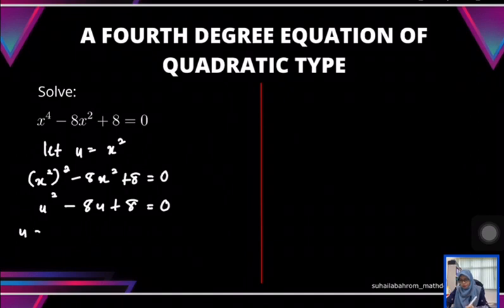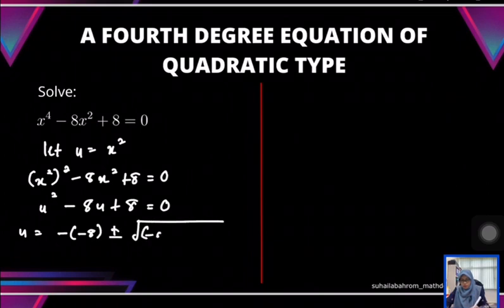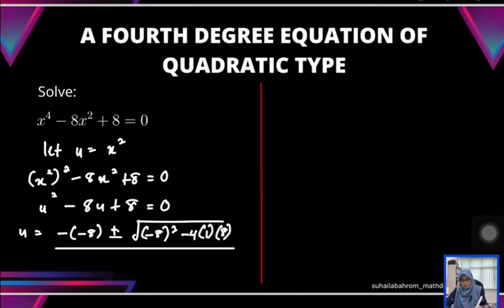So u is equivalent to negative b, that is 8, plus minus the square root of b squared, which is negative 8 squared, minus 4ac, which is 4 times 8, divided by 2a, so 2 times 1.